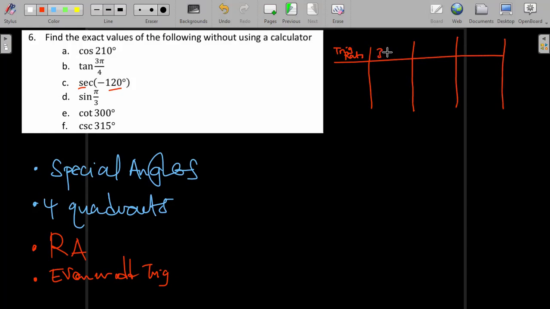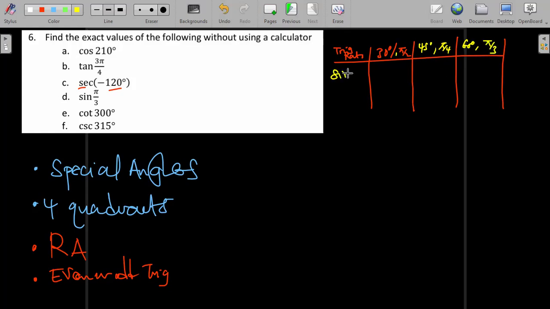This one will be 30 degrees, which when you write it as an angle in radians, is pi over 2. And then we also have 45 degrees, which is the same as pi over 4. And then we also have 60 degrees, which is the same as pi over 3. So these are our special angles.